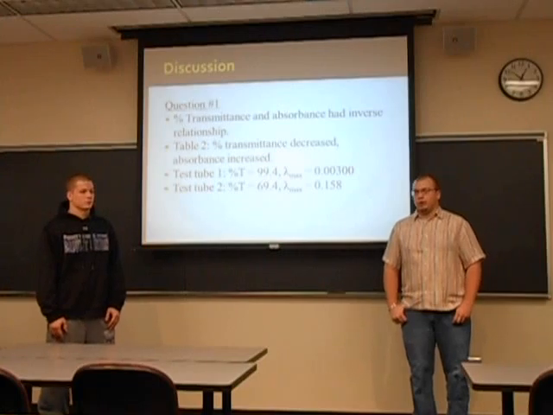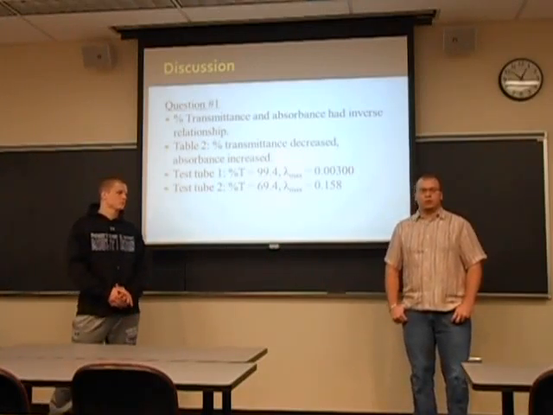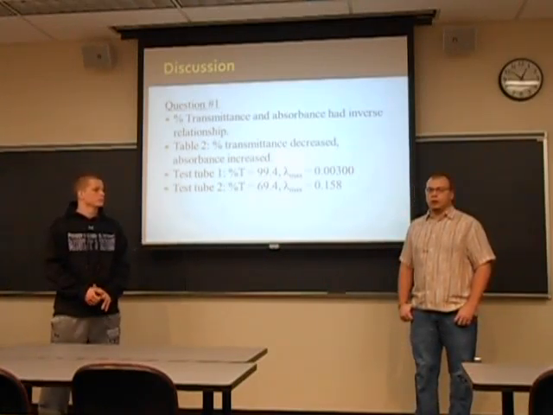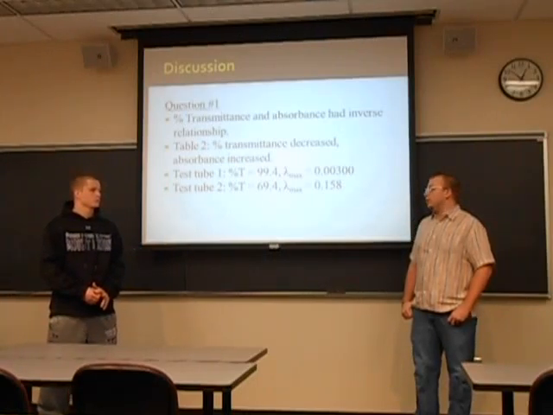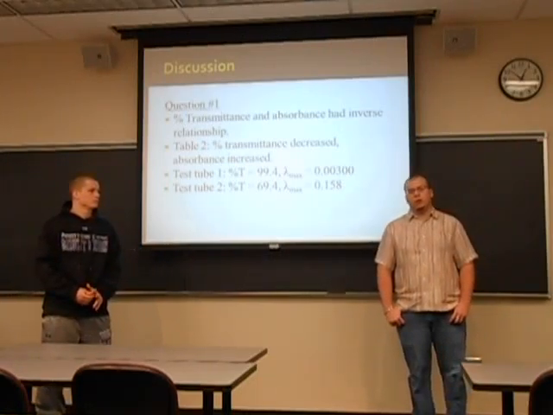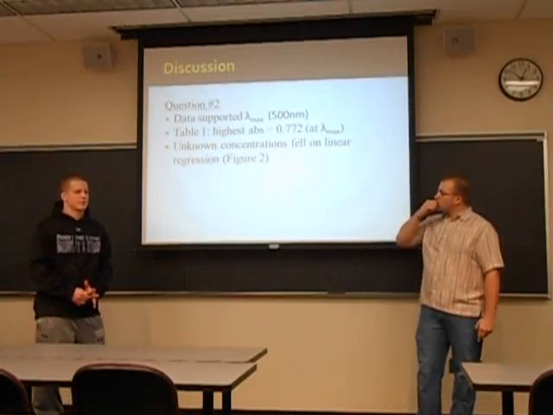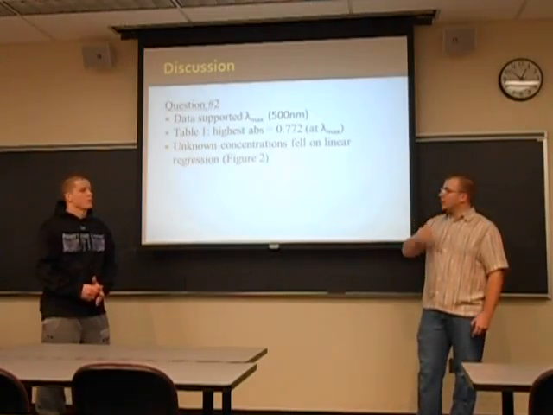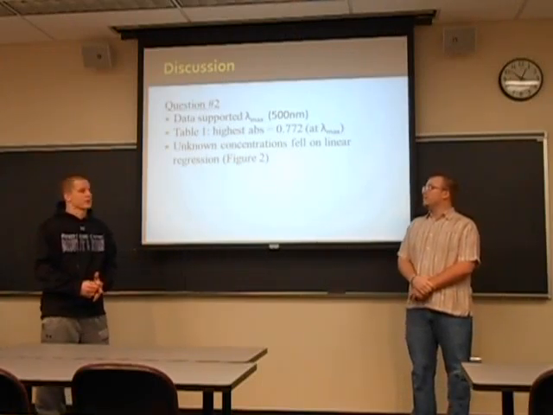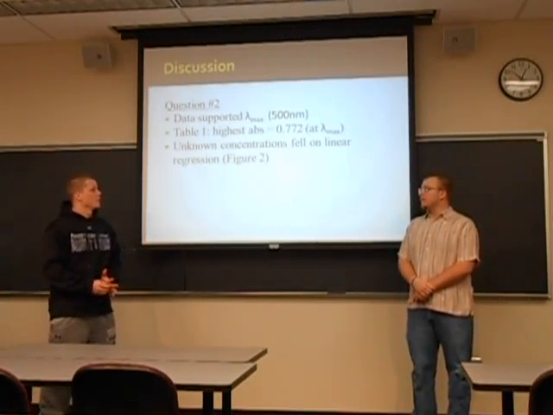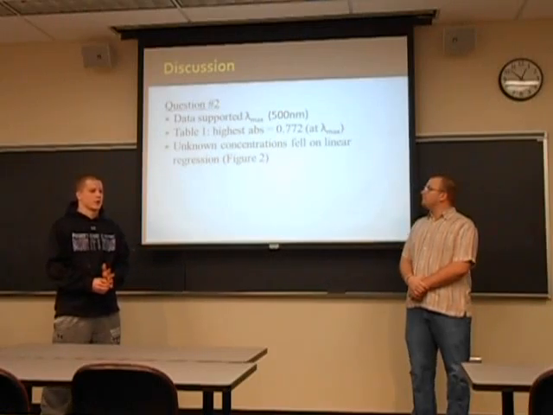And for test tube number 2, our percent transmittance was 69.4, and our lambda max absorbance was 0.158. The data did support a lambda max of 500 nanometers. Table 1 was the highest absorbance at 0.772. Unknown concentrations fell on the linear regression line in figure 2.